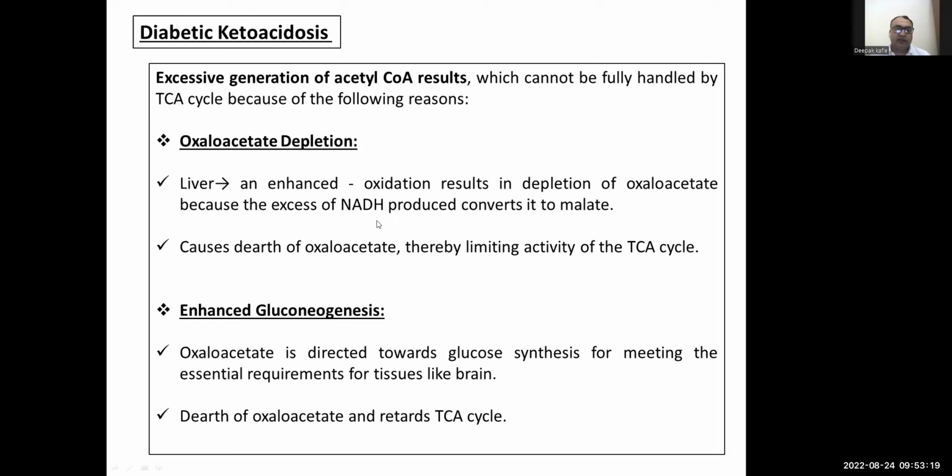And the generation of the ketone bodies in case of diabetic ketoacidosis is the same mechanism, just like we had talked earlier. Due to the starvation and uncontrolled diabetes, what happens?